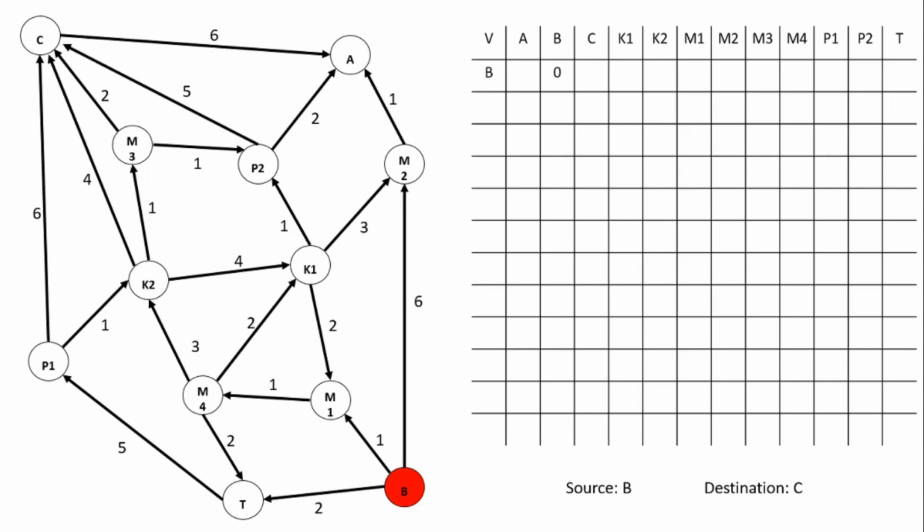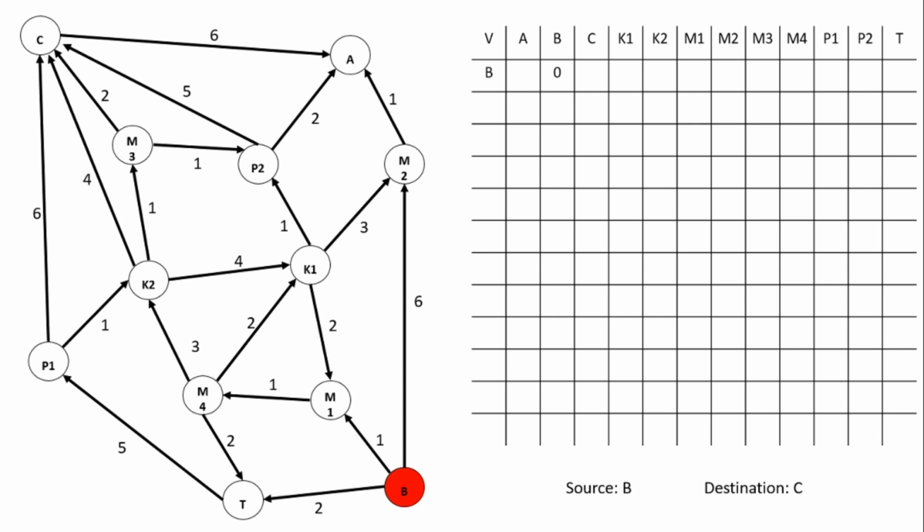To begin the process of the algorithm, we must first have the source vertex, which is vertex B, with a default value of 0, and a destination, which is our vertex C. Next, visit the reachable vertices in natural order, which is M1.